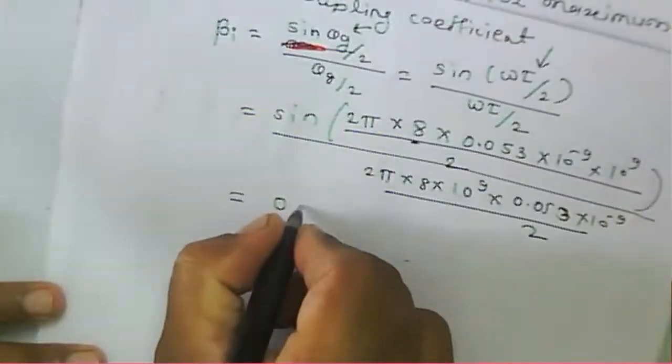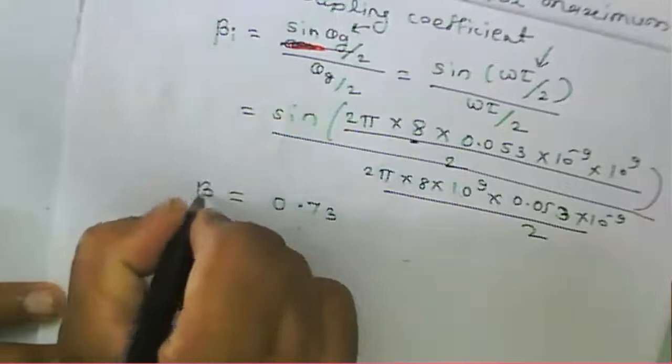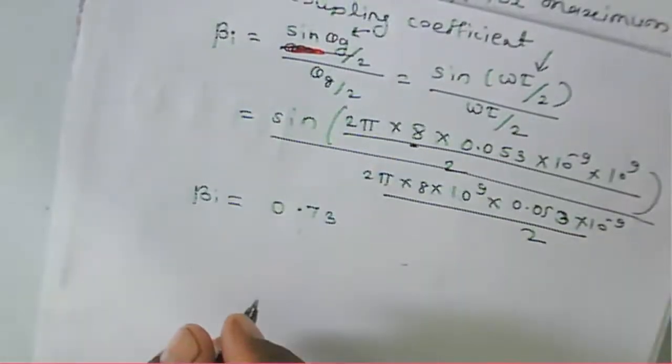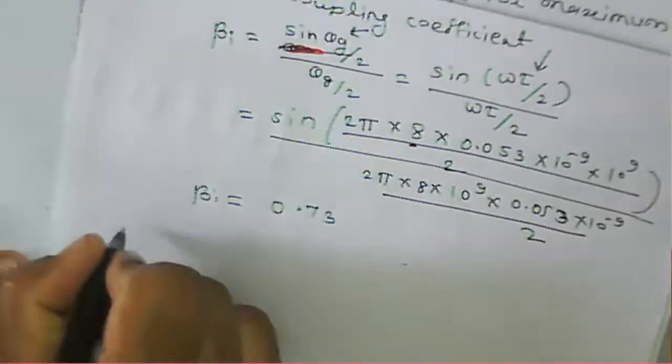After solving, we get a beam coupling coefficient equal to 0.73 at the input side.